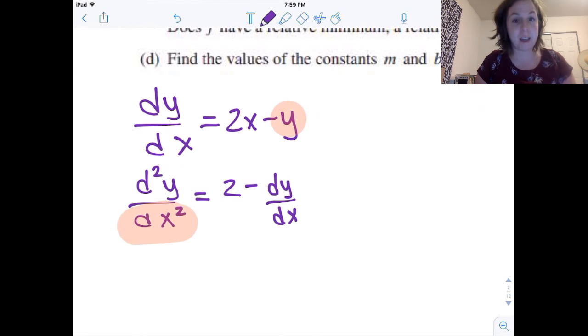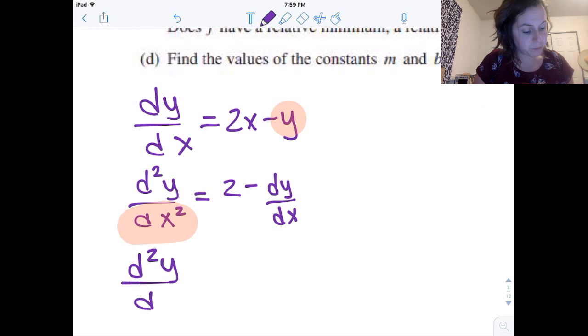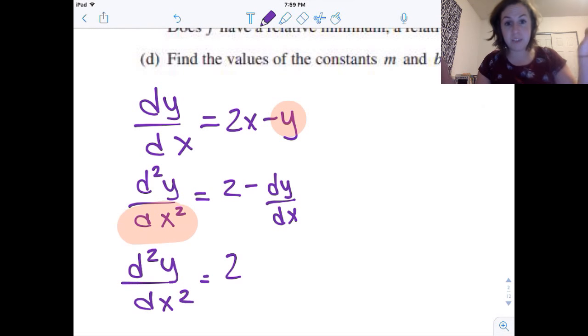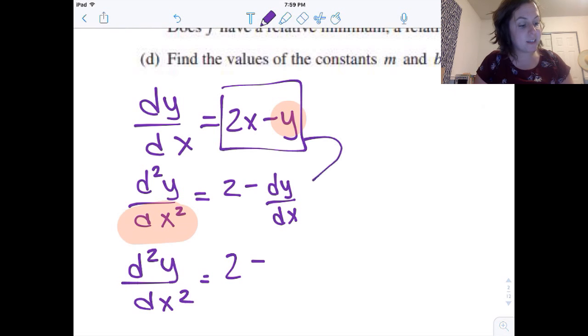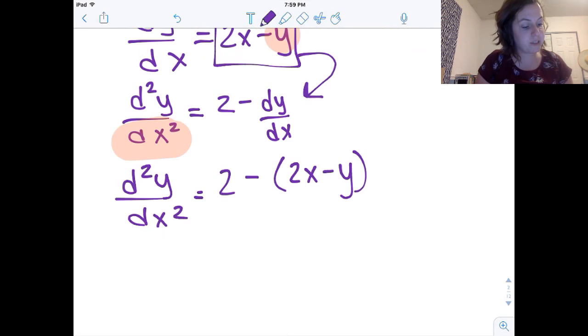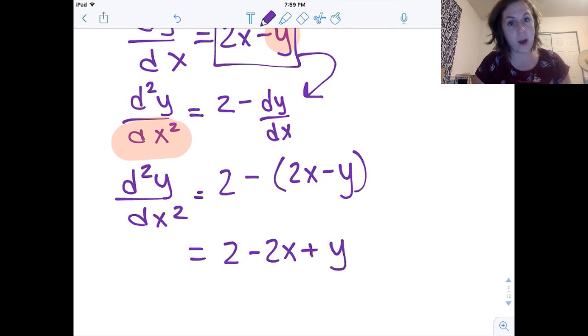My second derivative here would be 2, that's fine, minus, and now I'm going to plug in dy/dx, which is this. So that's going to go in where dy/dx was. So minus 2x minus y. And so this is really 2 minus 2x plus y. So that is the first main objective, to get that in terms of x's and y's.